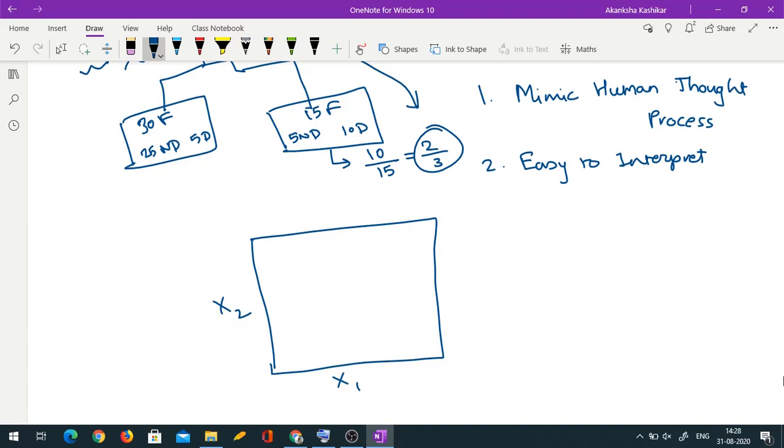So suppose the first split is on the basis of x1: x1 less than some a1 is one class, x1 greater than a1 is the other class. Now x1 less than a1 gets split on the basis of x2, and the split is say b1. So x2 less than b1 becomes this class, and x2 greater than b1 becomes this class.